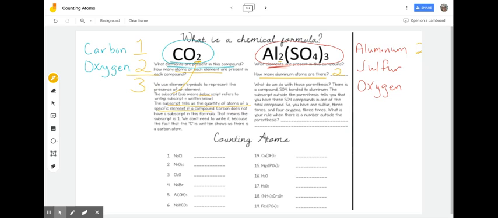It is made up of 2 elements. And notice it's inside parentheses. The parentheses tells me how many of those SO4s we have. So I have a 3 here. So that means I have 3 SO4s. Oops, my 4 is right there.